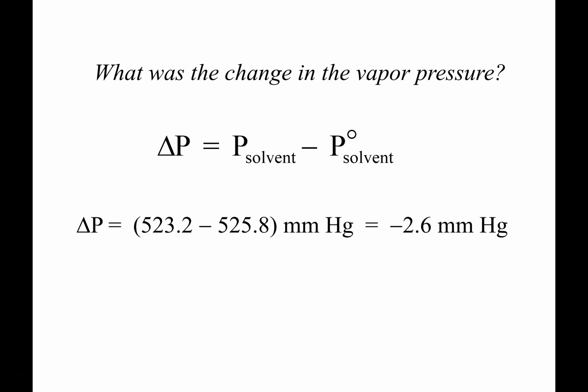So the delta P, the change in equilibrium vapor pressure, is, and this is kind of handy, if you're subtracting or adding, you can put your numbers in parentheses and outside the parentheses put your units. So 523.2 minus 525.8 quantity millimeters mercury. You're looking at a decrease in vapor pressure of 2.6 millimeters mercury.